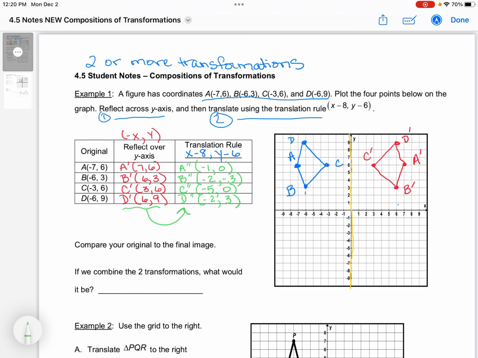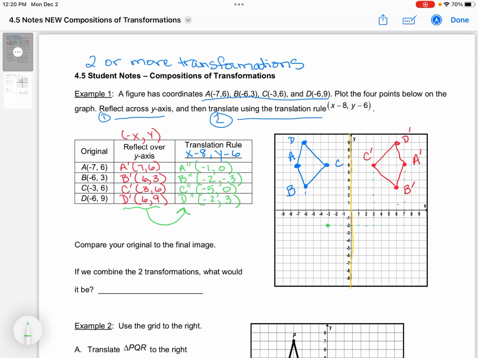Because I could just count, like for C, 1, 2, 3, 4, 5, 6, 7, 8. 1, 2, 3, 4, 5, 6. Did I end up at? Nope, I did not. What did I do wrong? I went down 8 and over 6. 1, 2, 3, 4, 5, 6, 7, 8.